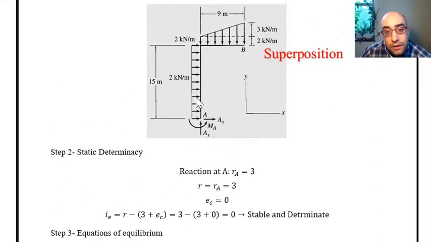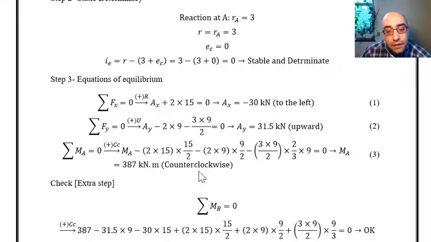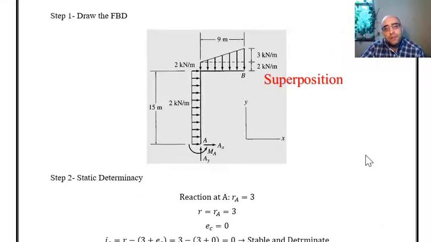And about this force AY, the moment that it is creating about point B is clockwise, and thus it should be negative. And the value of AY is 31.5. The procedure is very simple.